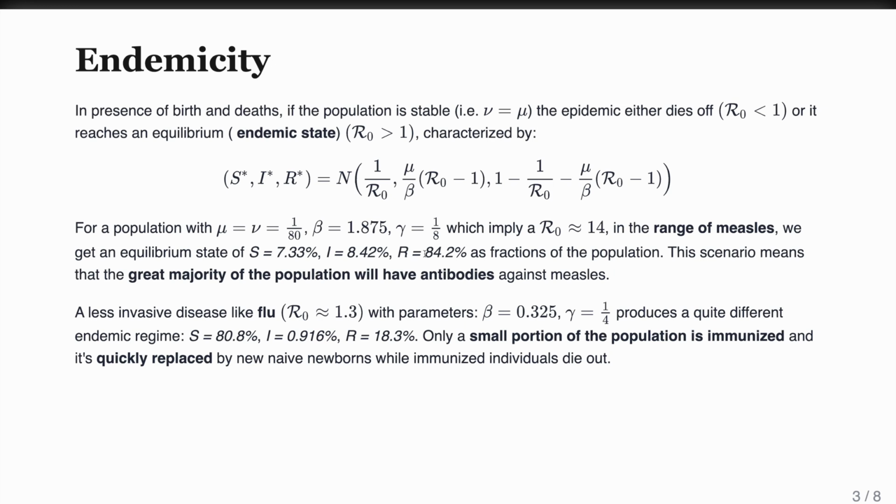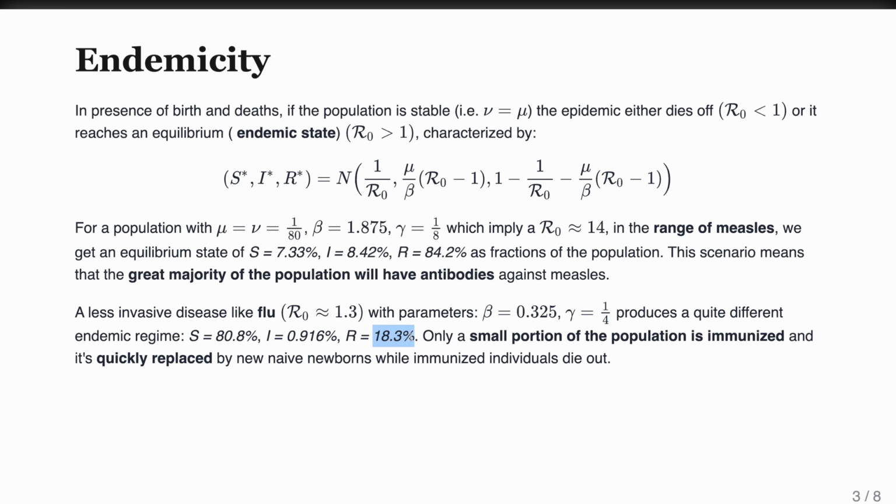If we instead evaluate a disease which is much less infective, like flu, I chose some parameters in order to have an R0 of around 1.3. We see that at the steady state, most of the population will be naive for the pathogen, and very few people will be infected at every point in time, and also a small part of the population will be immune.